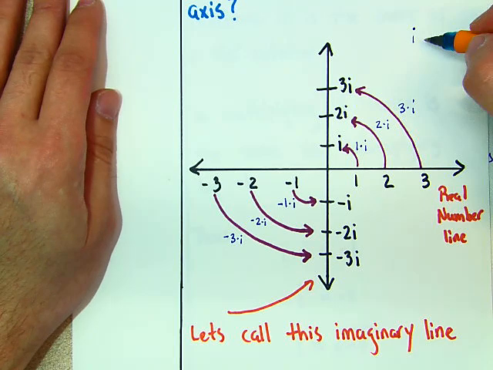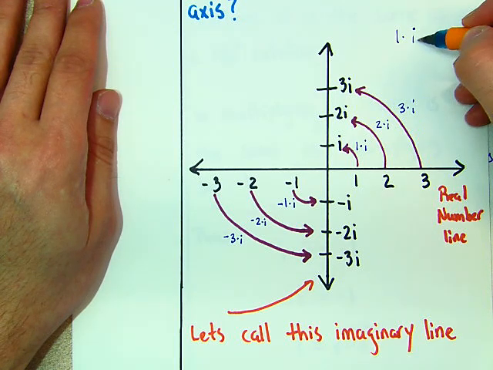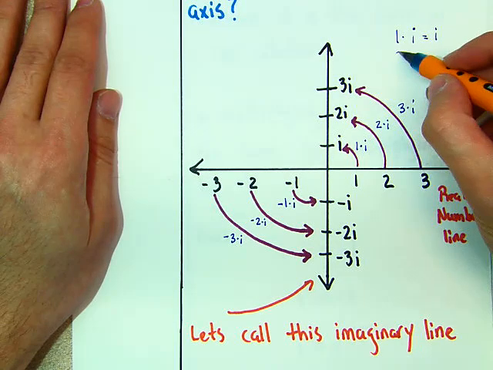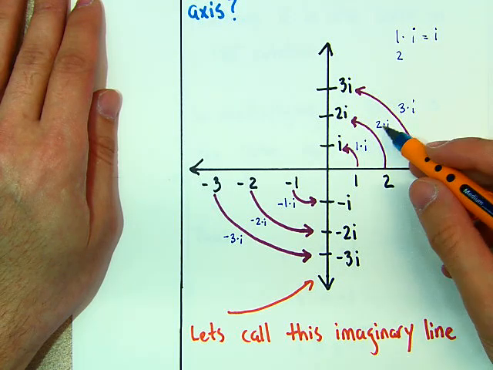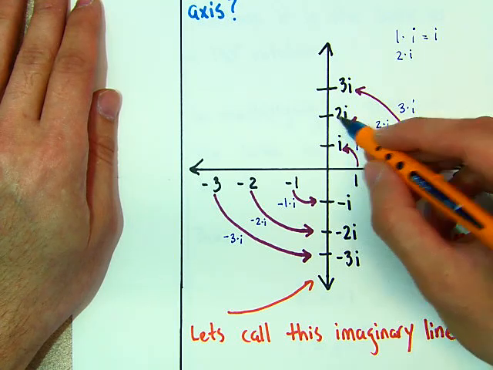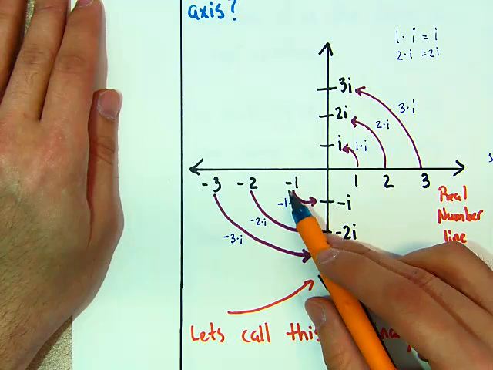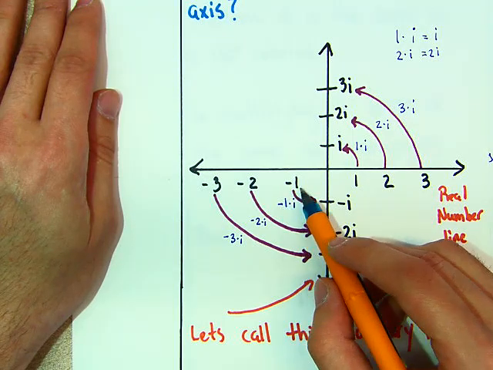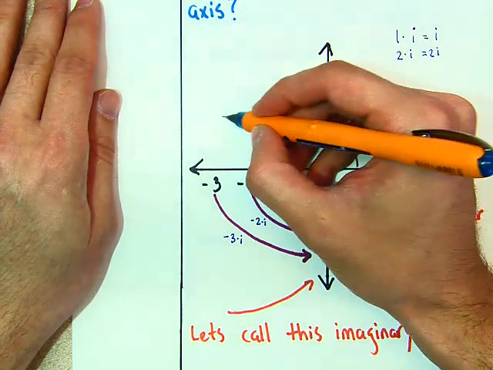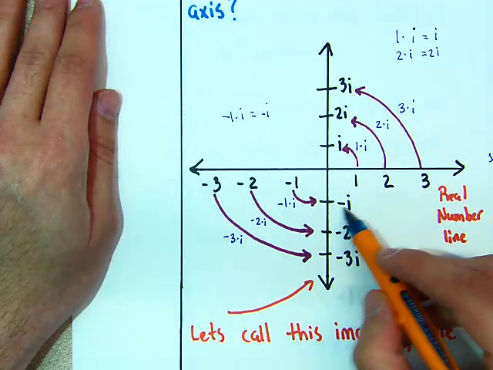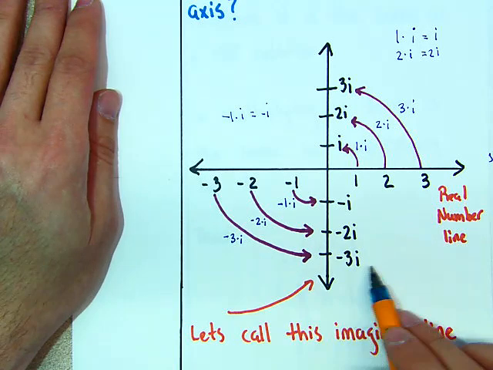Here, what's 1 times i? That's just 1i. What is 2 times i? That is 2i, and the same thing goes. And think about it over here, if you have minus 1 times i, this is equal to minus i, minus 2i, minus 3i.